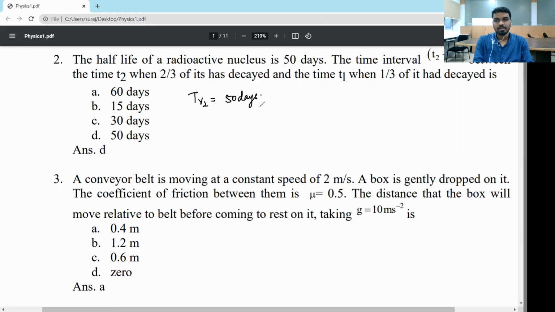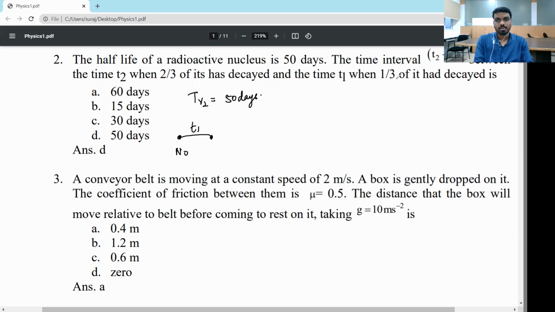Now I want the time interval T2 minus T1, between the time T2 when 2/3 of it has decayed. So what is T2? T2 means when 2/3 has decayed. Let's say this is N naught. 2/3 has decayed, that means 1/3 is active, right? So N naught by 3 is active after time T2.